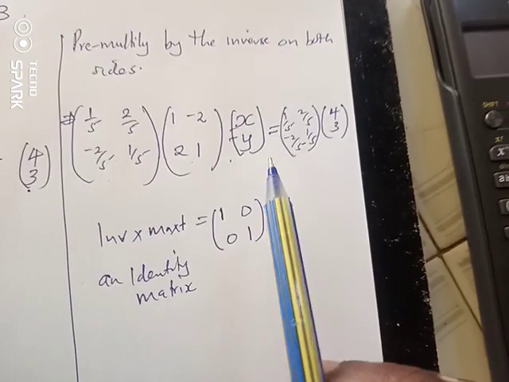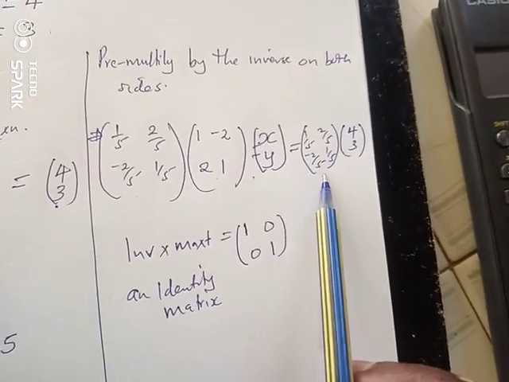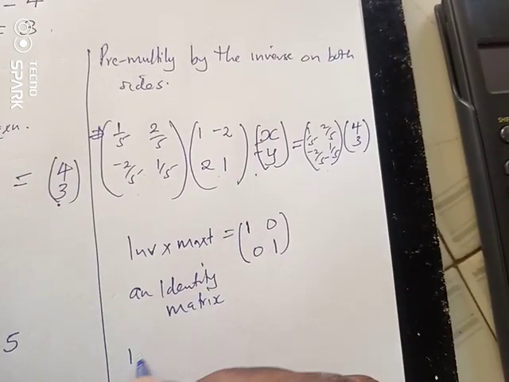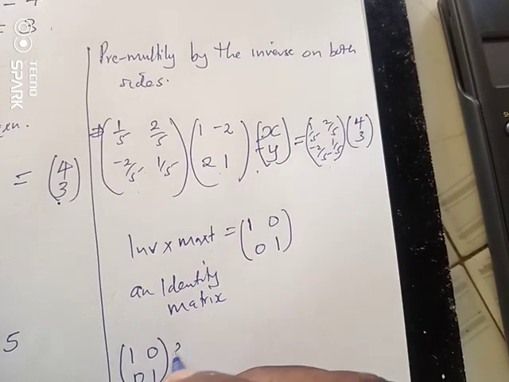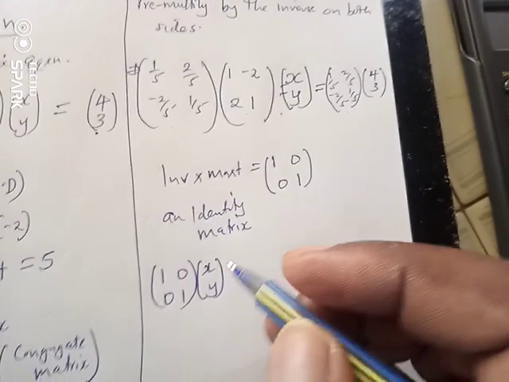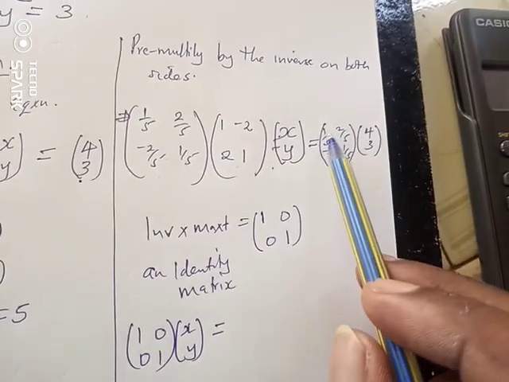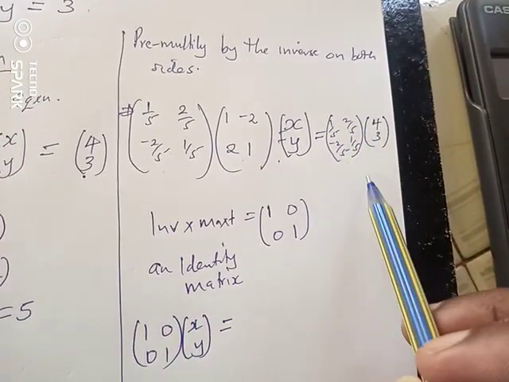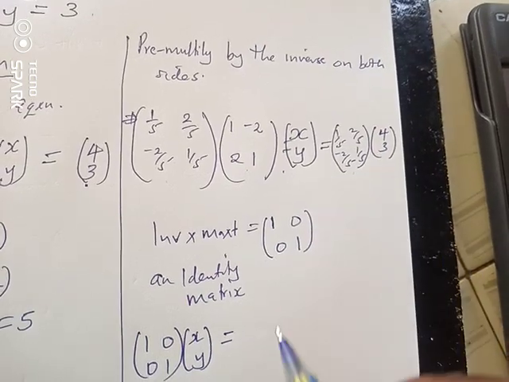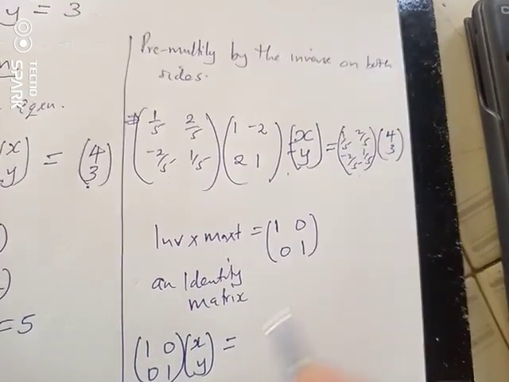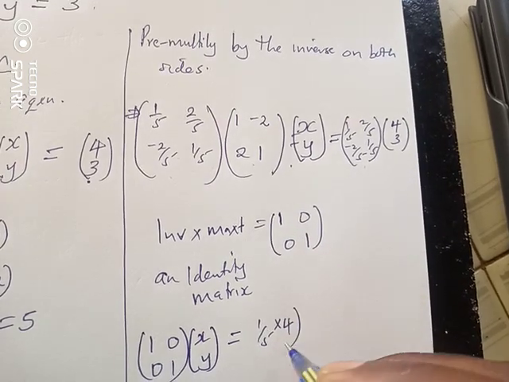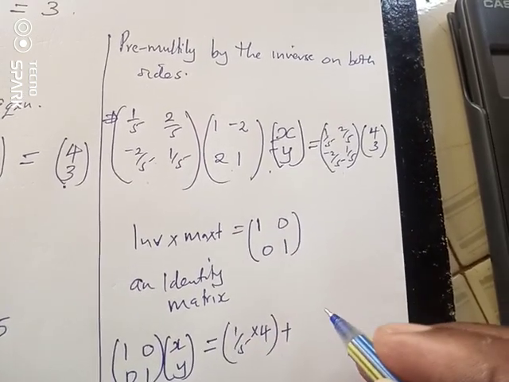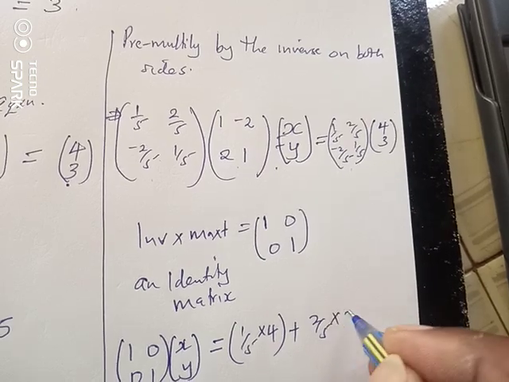So what we have to do is on the right side, where we shall now have the identity matrix by x y, which is equivalent to multiplying row by column. My first row by the column will be 1 over 5 times 4 plus 2 over 5 by 3.